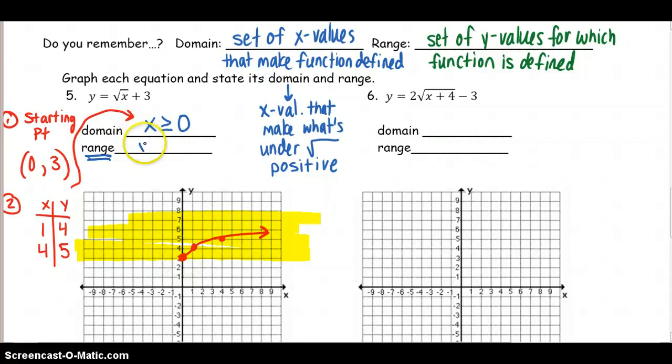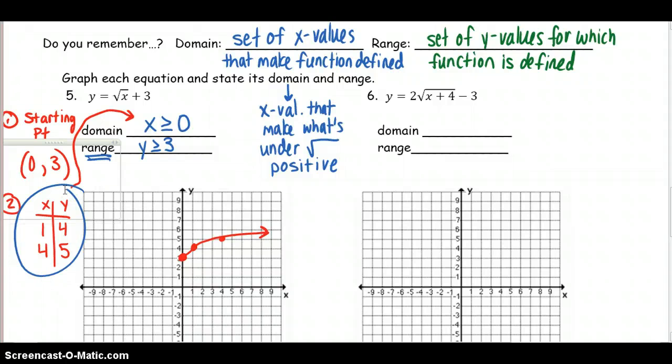That means that my range is y greater than or equal to 3. Right, this function will never go to where y is 2 or 1 or 0. It'll always stay where y is 3 or above. All right, and you can do the same thing with the domain. You could graph it and then see what it is. But I like to see the domain first to help me with my table over here.